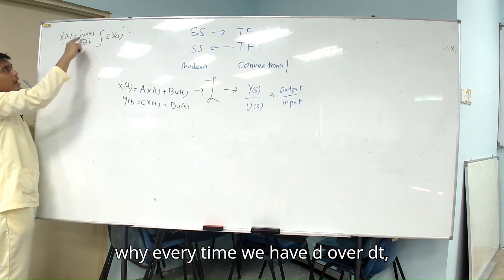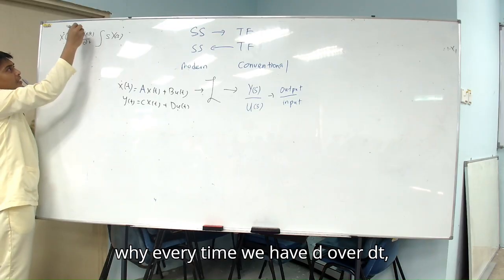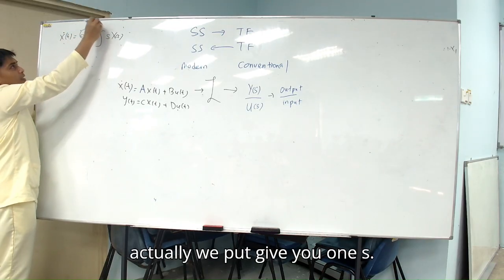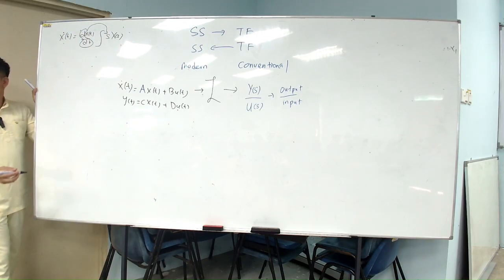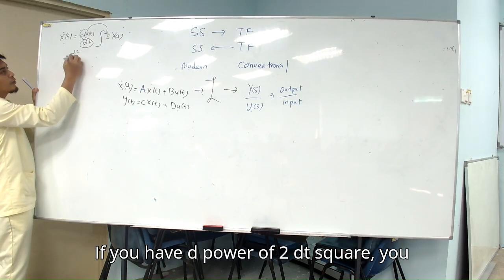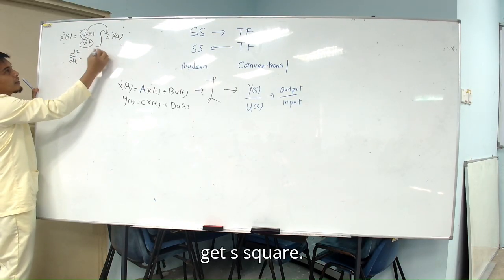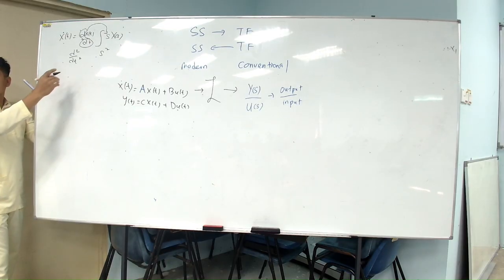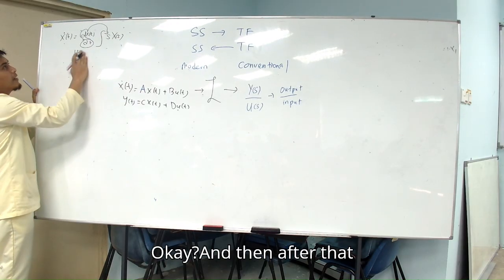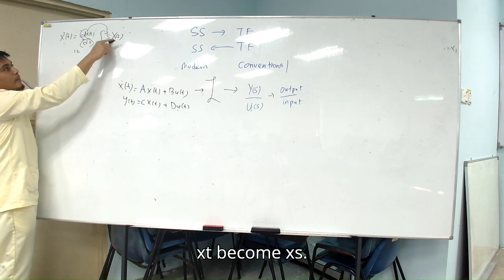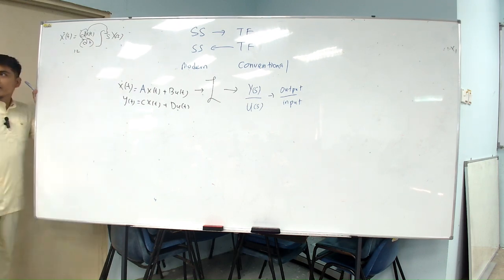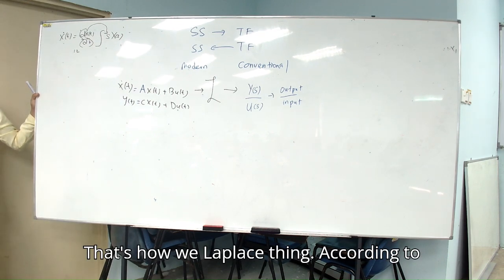So that's why every time we have d over dt, actually it gives you 1 s. If you have d power of 2 over dt square, you get s square. Okay? And then after that, x(t) becomes X(s). That's how we Laplace things.